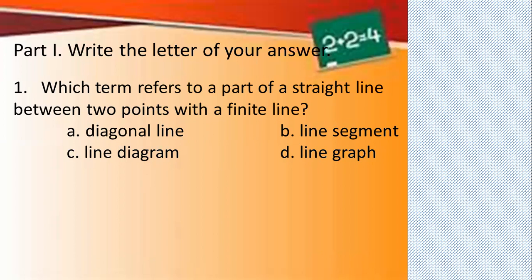So therefore, you can choose. Okay, a part of a straight line between 2 points with a finite line. So what do you call that one? A part of the line.